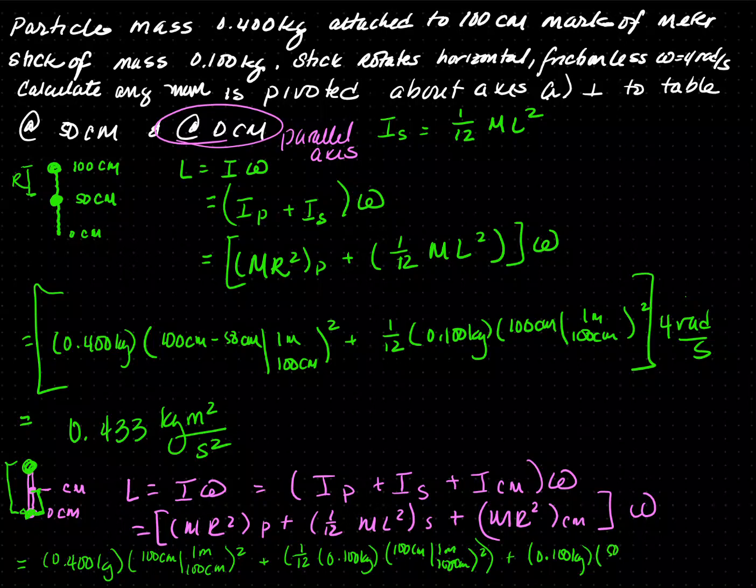So this is going to be 50 centimeters, 100 centimeters to 1 meter needs to be converted, squared, and then the entire thing is going to be multiplied by 4 rad per second. If you do the math, you should get around 1.73 kilogram meters squared per second. You will not see a parallel axis problem on your test.